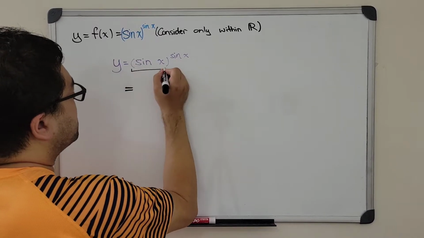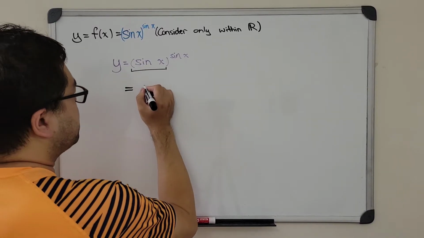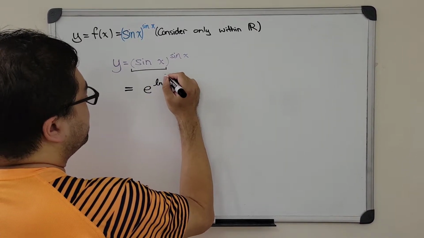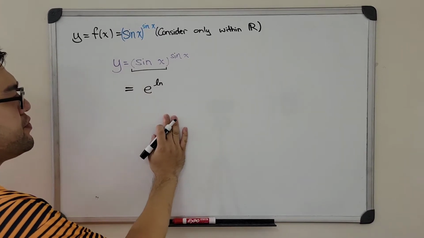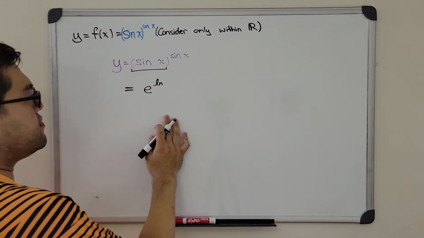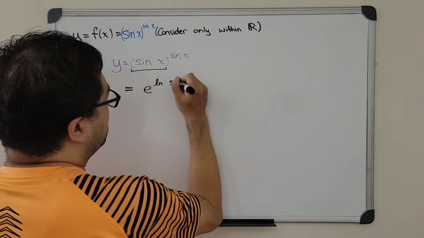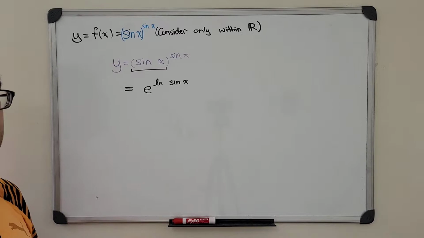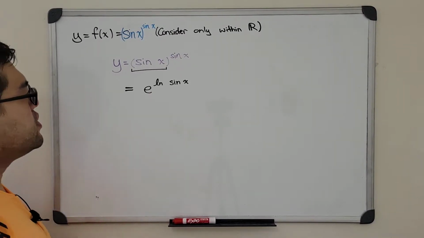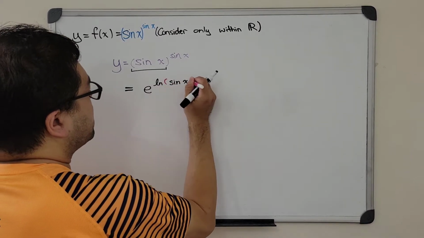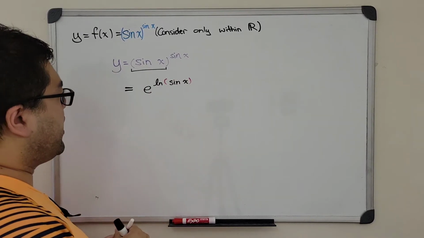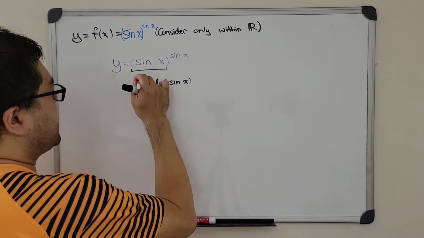Well, for this part here, we're going to write it as e to the ln of, now should we put absolute value here or not? Of course, we are not going to put absolute value here, because we might actually have negative sine of x. So in this case, we're going to get the following. Then, of course, we still have the sine of x outside, raised to the sine of x power.